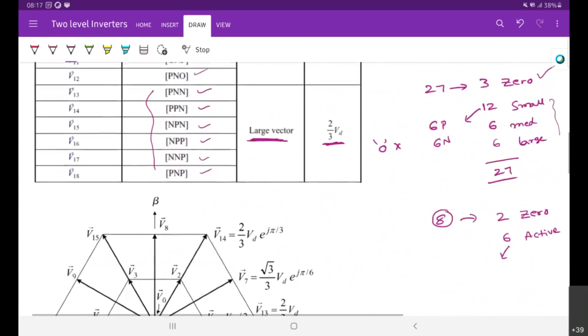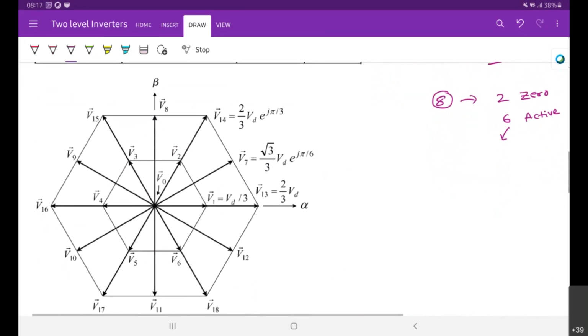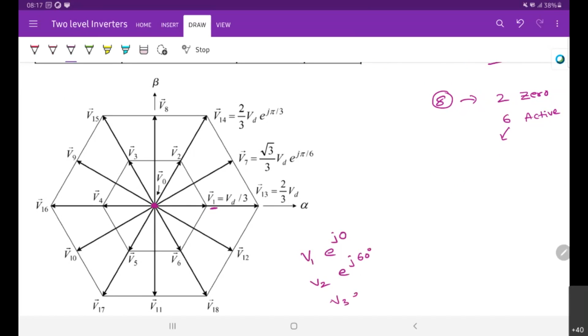So if we keep all these vectors in the space vector diagram, the diagram will look like this. We have the zero vectors placed at the center, right? So that means we have three zero vectors: PPP, 000, and NNN. And we have the small vectors. Starting from V1, this is at an angle e to the power of j0. V2 at an angle of 60 degrees, V3 at 120 degrees.